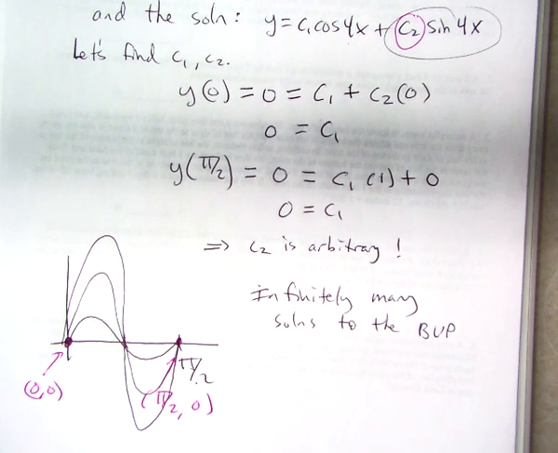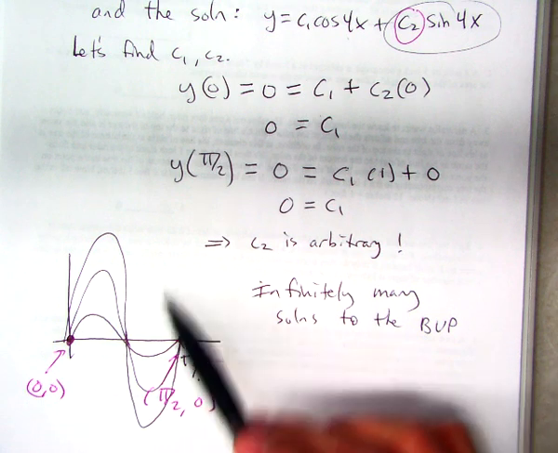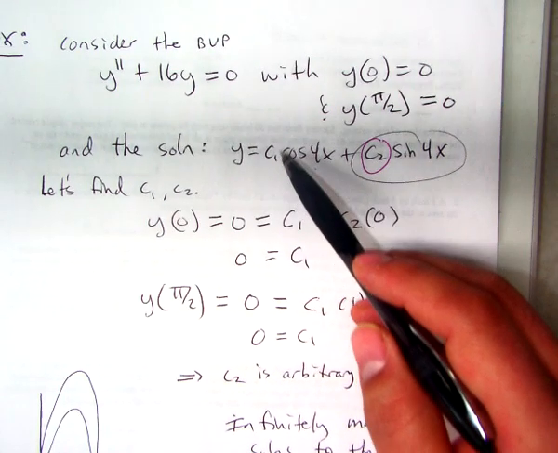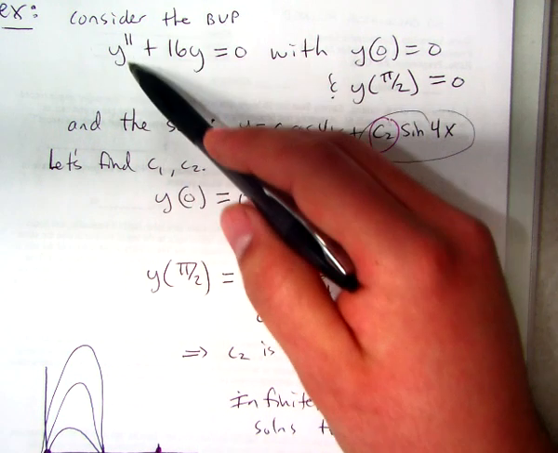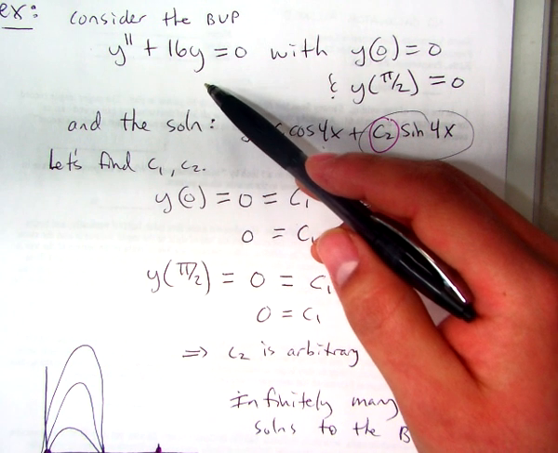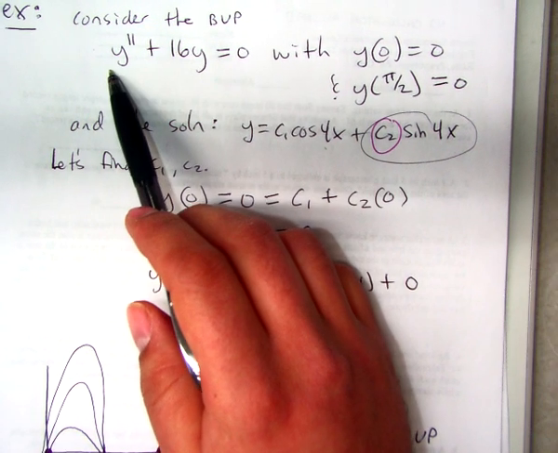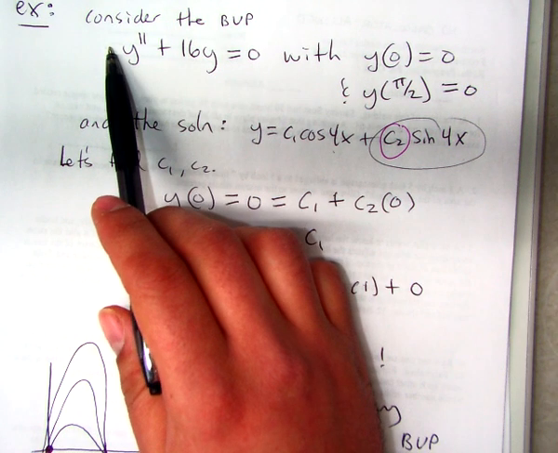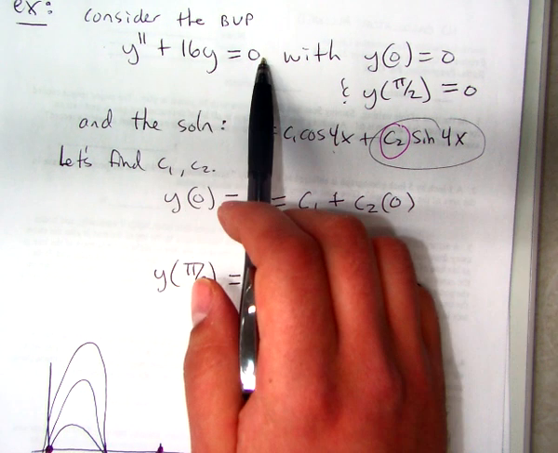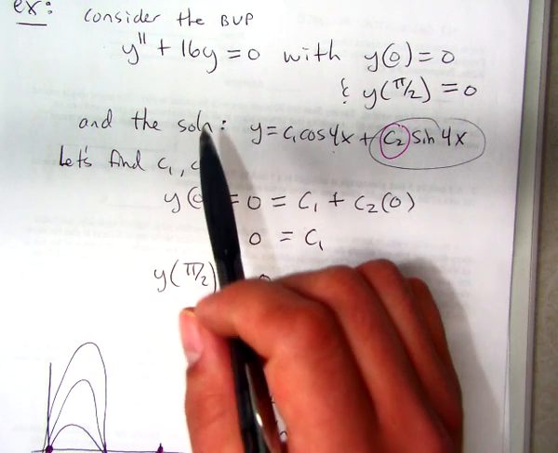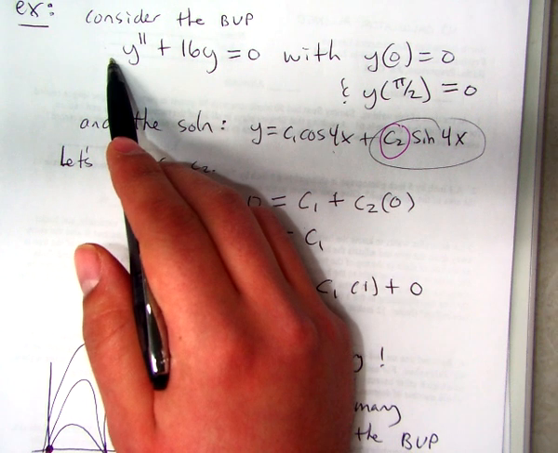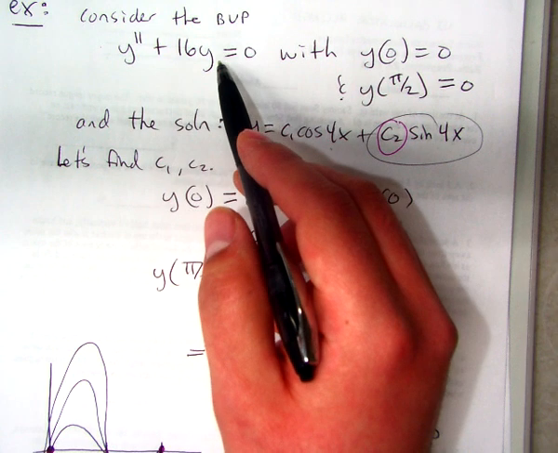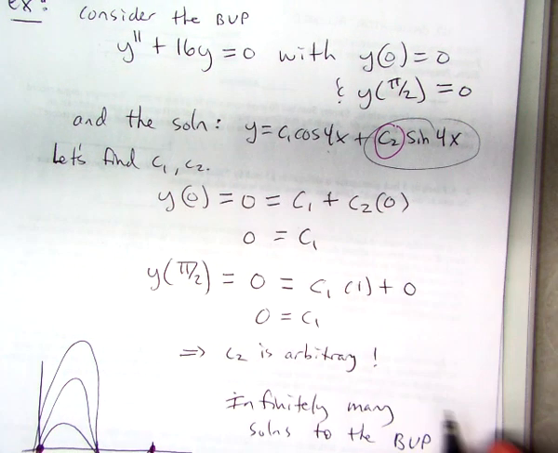The reason I'm pointing this example out is that in this case we have infinitely many solutions, but if we go back to the differential equation, y double prime plus 16y equals 0, according to the existence theorem, we have a coefficient of 1, coefficient of 16, coefficient of 0. Those are all continuous, not a big issue. 1 is never equal to 0, okay? If this were an IVP, this would be no problem. Does that make sense?